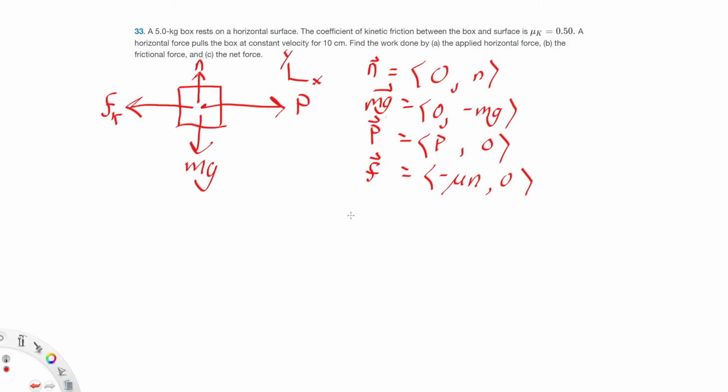And lastly, we have our displacement, because we actually managed to tug the box to the right 10 centimeters. Okay.